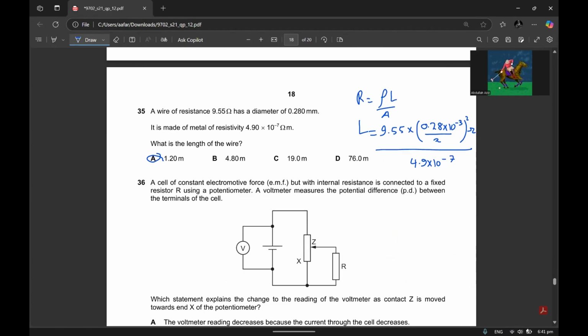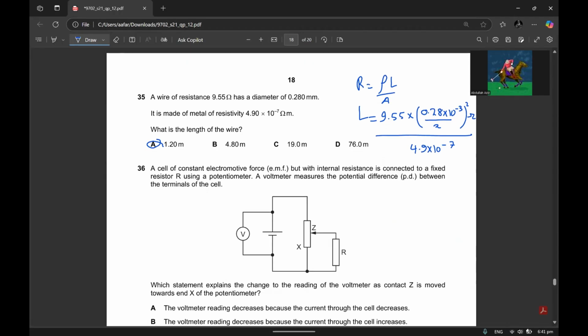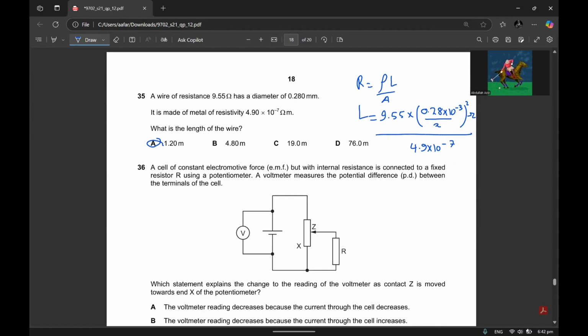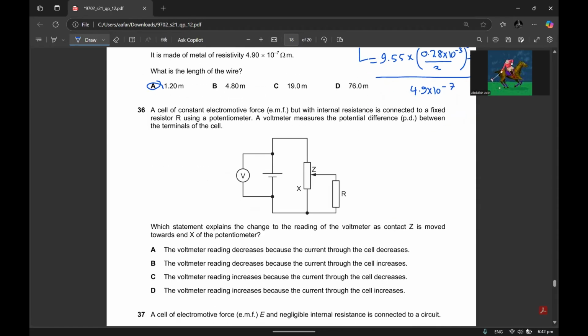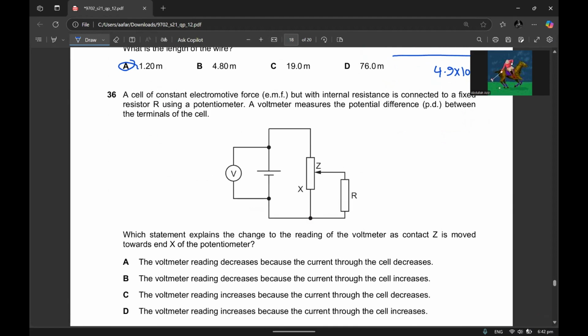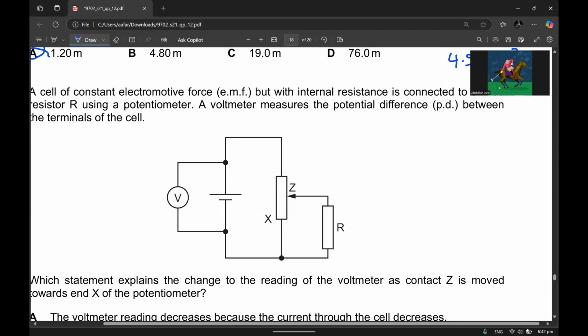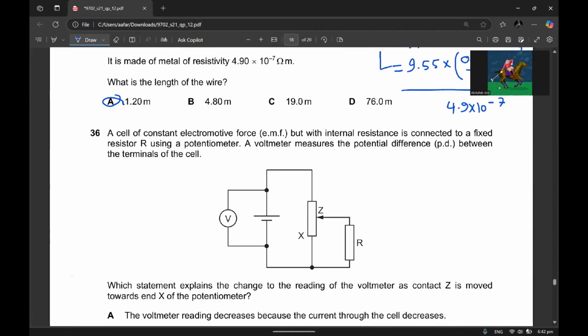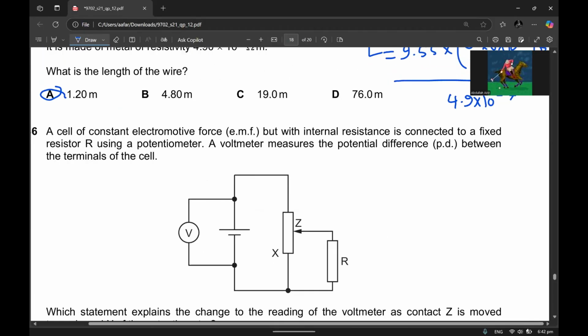A cell of constant EMF but with internal resistance is connected to a fixed resistor R using a potentiometer. A voltmeter measures the PD between the terminals of the cell. Which statement explains the change in the reading of the voltmeter as contact Z is moved towards end X of the potentiometer? So as you move the potentiometer from X to this endpoint, this resistance will increase, right?